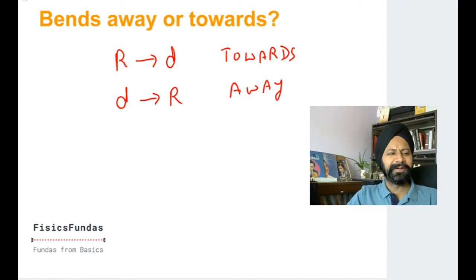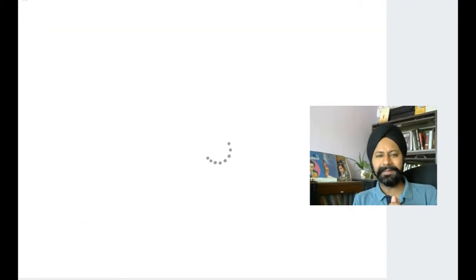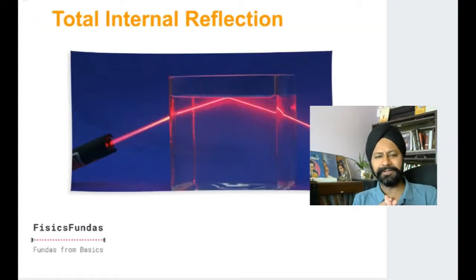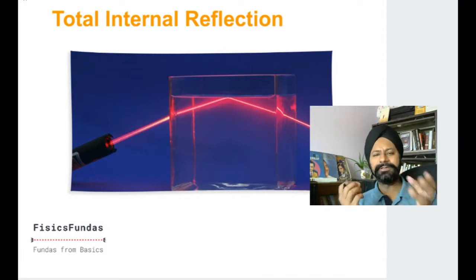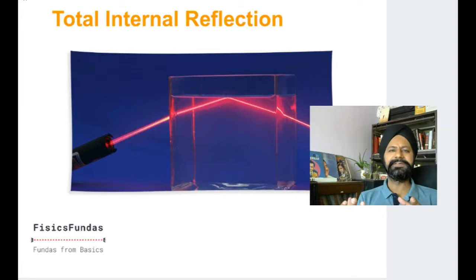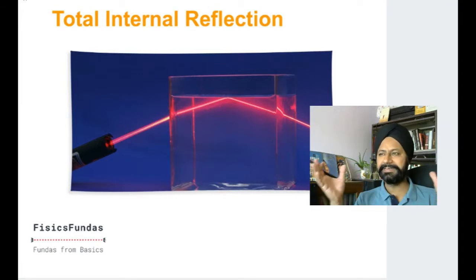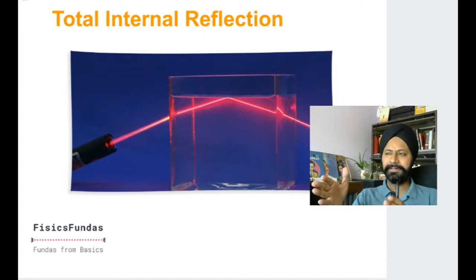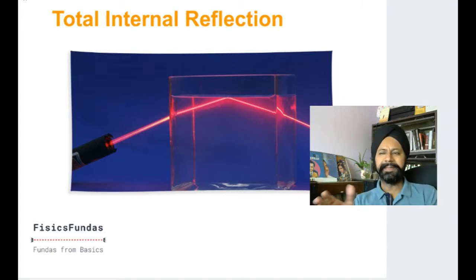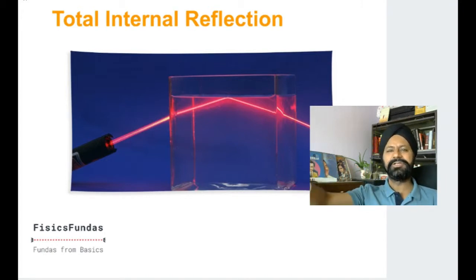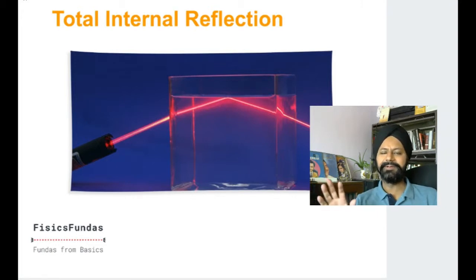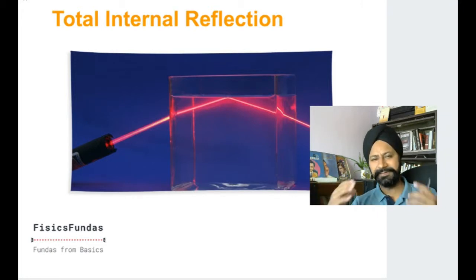So moving forward, let's see, total internal reflection, a very beautiful phenomenon. It's very pretty, and a rainbow is formed because of this. The mirage, if you have seen the mirage in hot summers, it's summer weather right now. You're driving on a hot summer afternoon, and on the road you think there's a patch of water, but as you go closer to that, there is no water. It was just an illusion. And that happens in deserts.